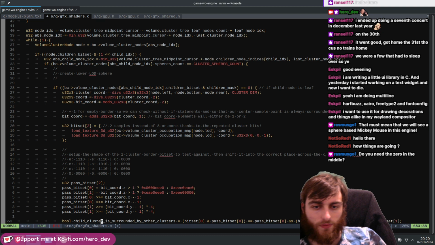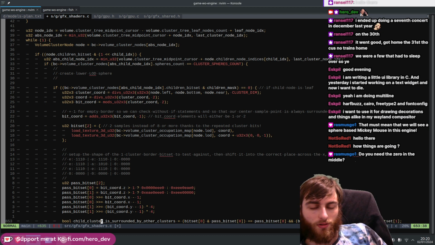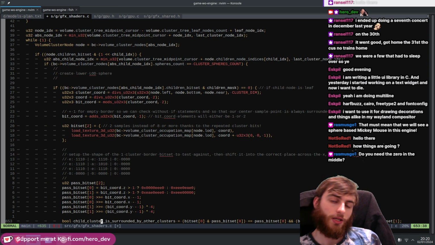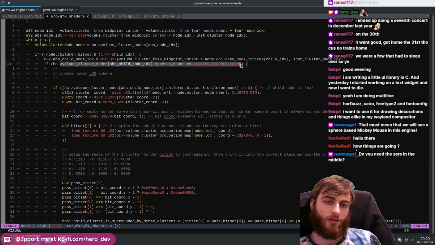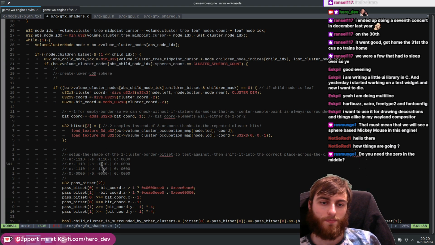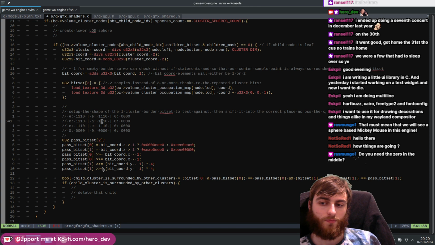I'm not sure if I need the 0 in the middle, to be honest, because this guarantees that this is not 0. So I don't necessarily need that. So I could actually simplify it even more.